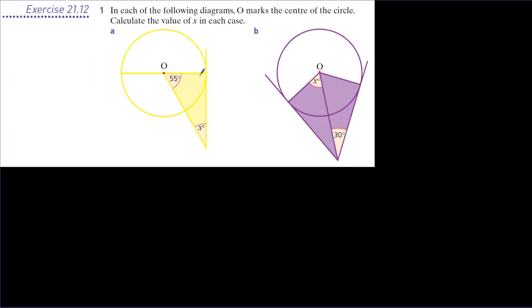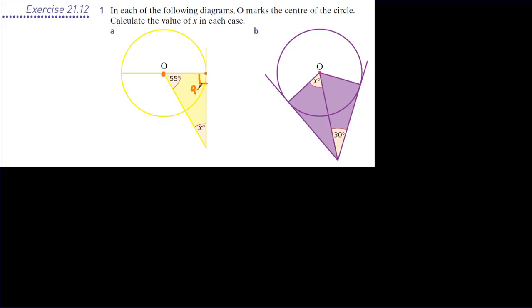Firstly, on this question, it is asking for x, and on both questions it is asking for the x value. We are going to understand that this is 90 degrees firstly. A line segment passing through the origin intersects with the tangent line at a perpendicular angle, 90 degrees.